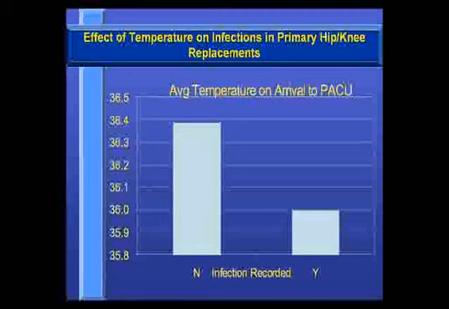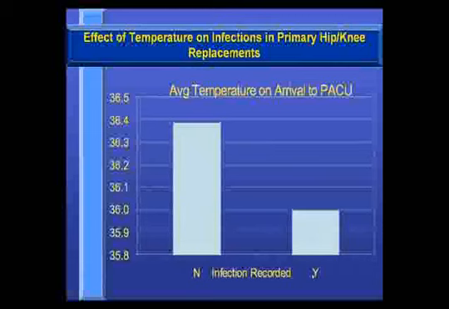So we went back to the information that we had available to us, and the first thing that we wanted to demonstrate to ourselves was, was there a significant impact of temperature on our patients? And I think it's fairly clear that if you look at the temperature of patients who did not have an infection, the no group, their average temperature was close to 36.4.